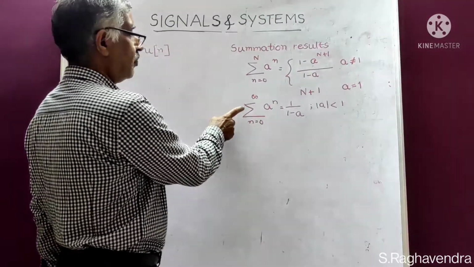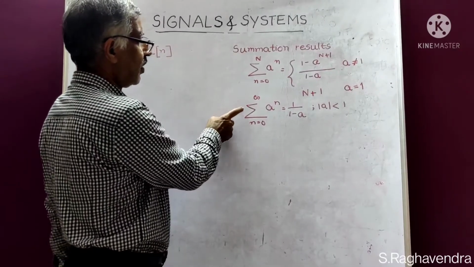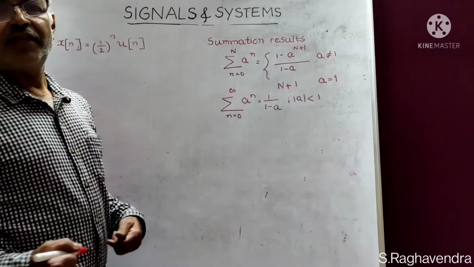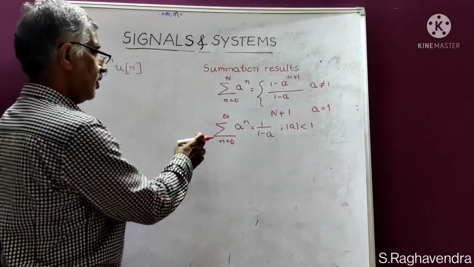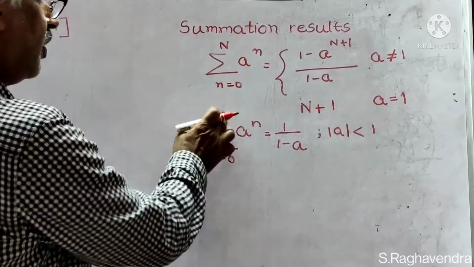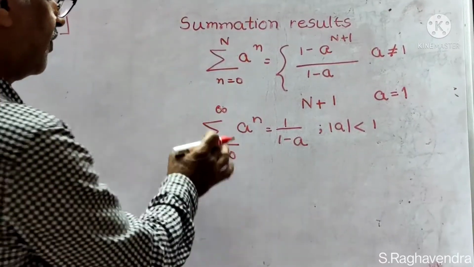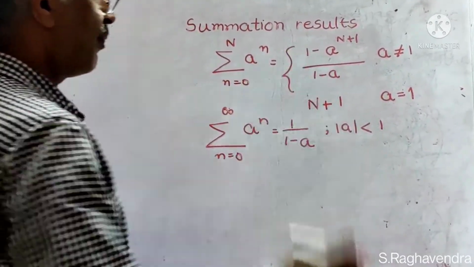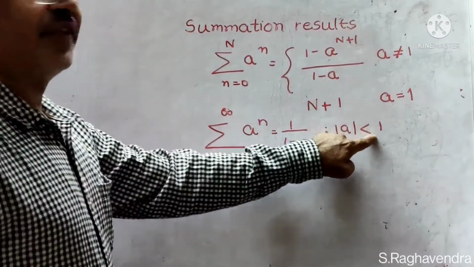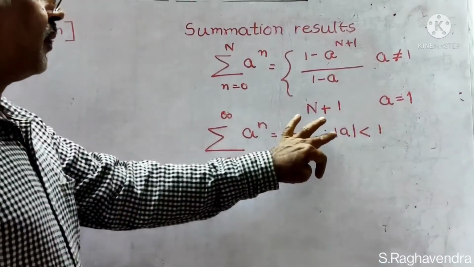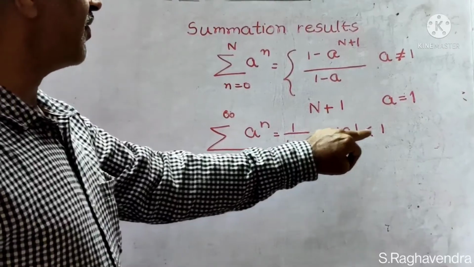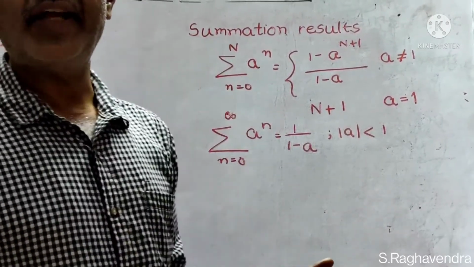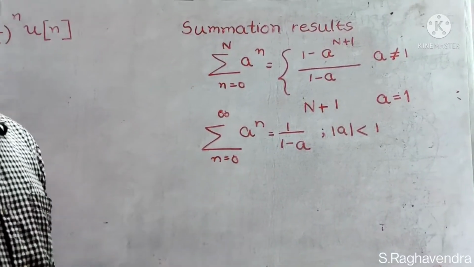I will explain. Very frequently we come across this one. This is called the geometric series. Summation from 0 to infinity of a to the power n equals 1 over 1 minus a, for mod a less than 1. If mod a is not less than 1, then the summation becomes negative, which should not happen.